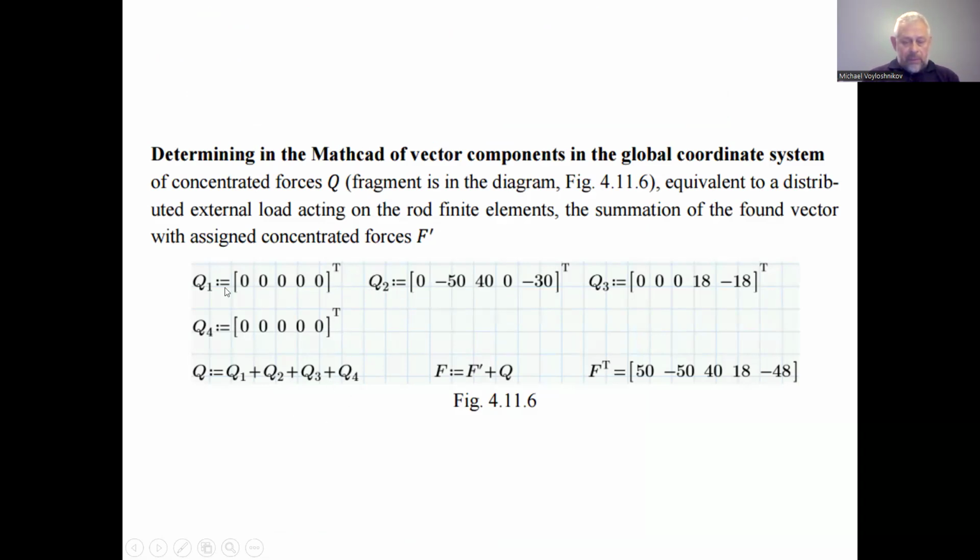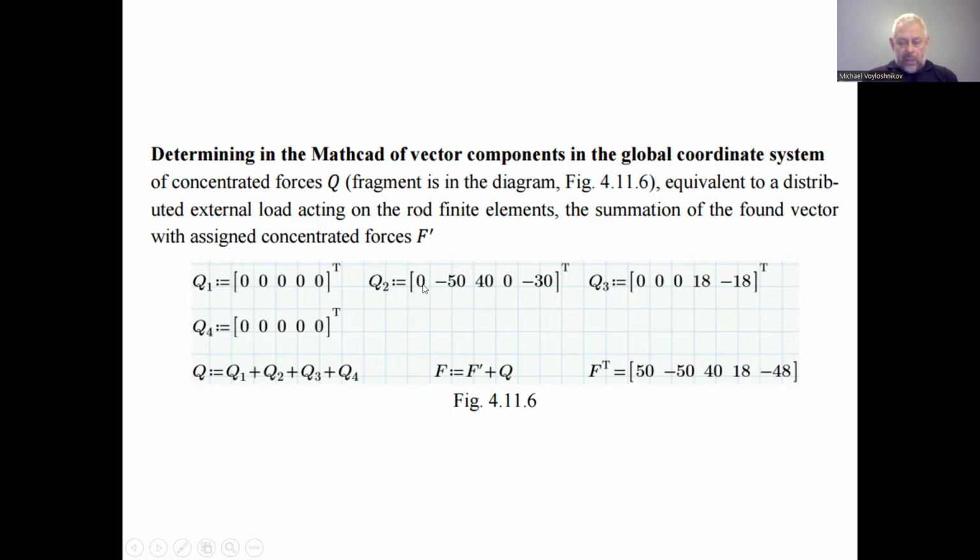So we have 1, 2, 3, and 4, the concentrated forces due to the action of the distributed load. This is a vector of the forces in the directions of the displacements to be found at the nodes of the discrete model of the mechanical system under the action of the distributed load assigned to our mechanical system. As to the first element of the mechanical system, we have no assigned load, the same as to the force, we have zeros as well.